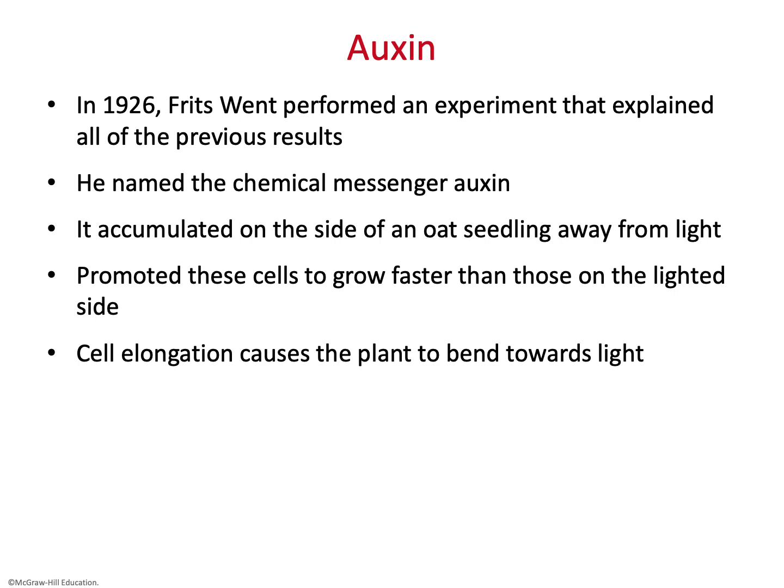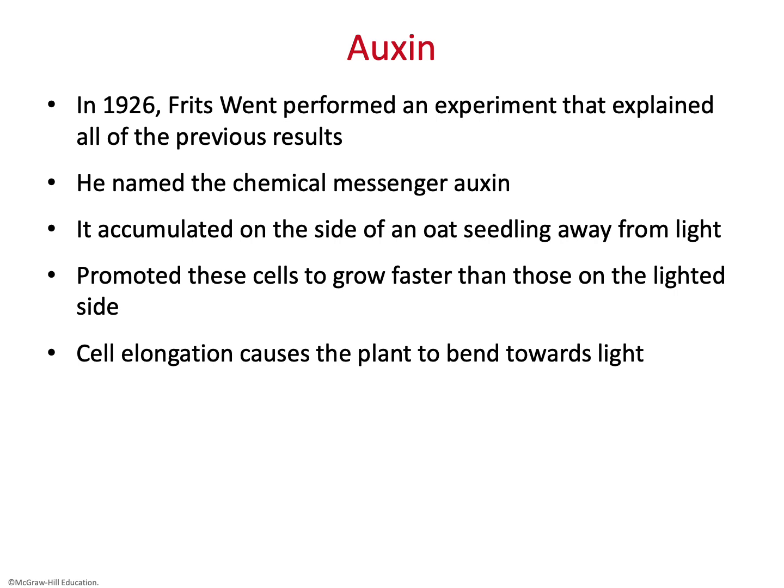In 1926, Frits Went took a step further with the agar block experiment, and he found out that a diffusible substance in the tip of light-grown seedlings can make seedlings bend.